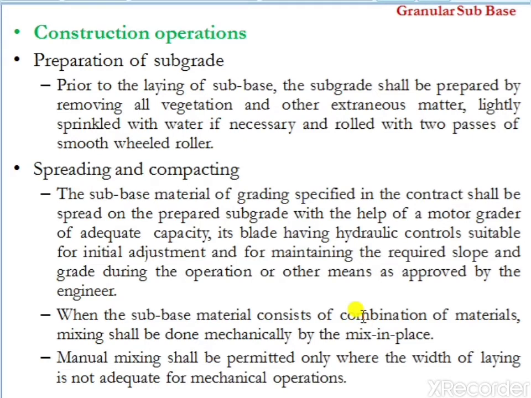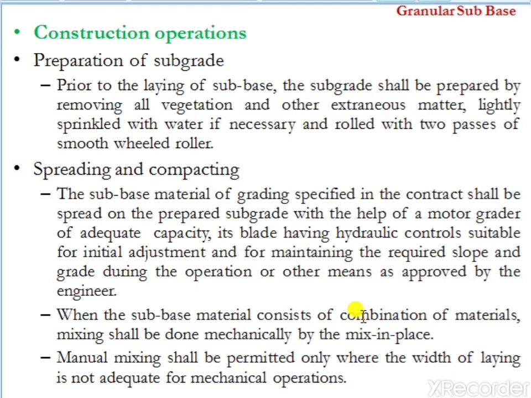After knowing the physical properties and the strength of a material by different laboratory tests, next is the construction operation. How is the construction of a subbase executed? What is the procedure for the construction of subbase or granular subbase?